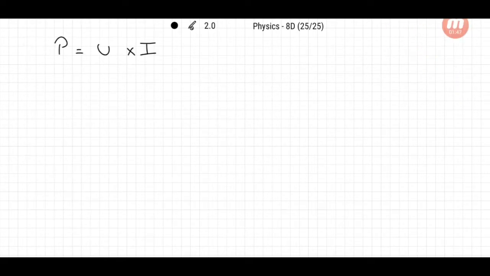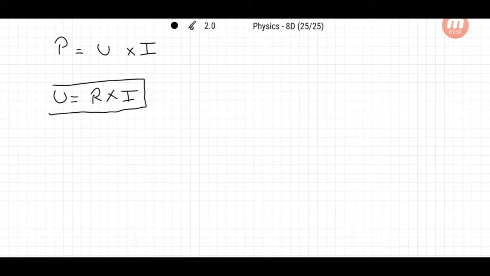So I know for a resistor that U is equal to R times I. That is Ohm's law.